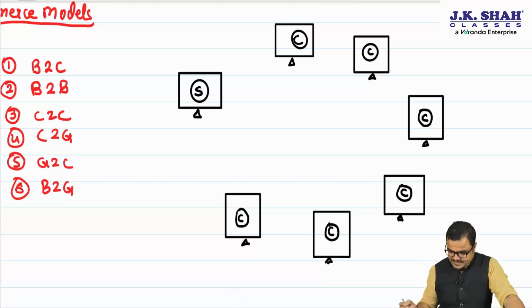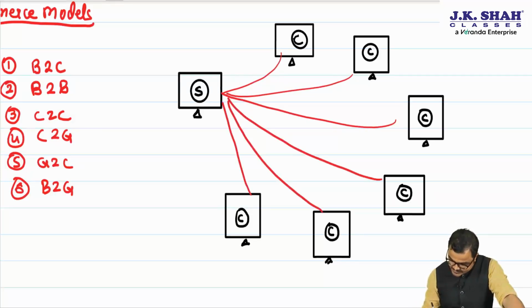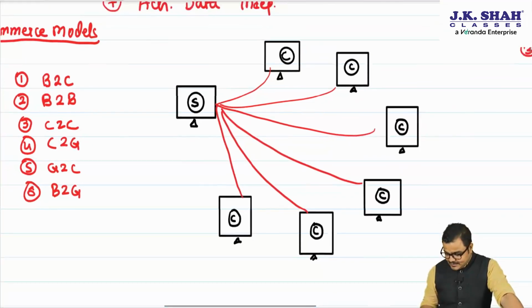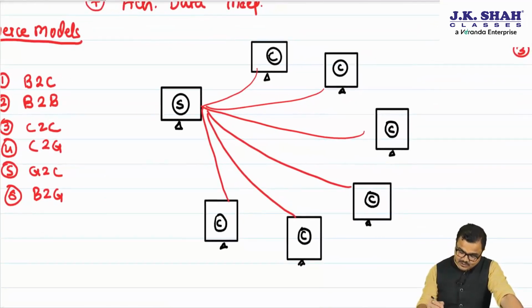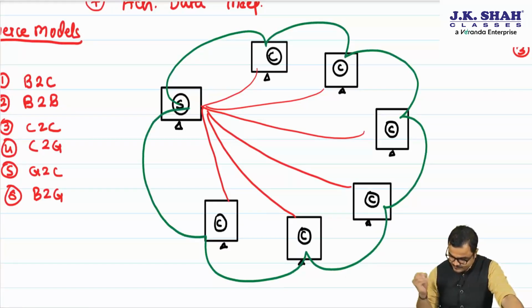So all client computers are there? Yes, sir. Individually they are connected to the server? 100%, sir. Further, they are connected with each other also? The answer is yes, sir. They are connected with each other also.